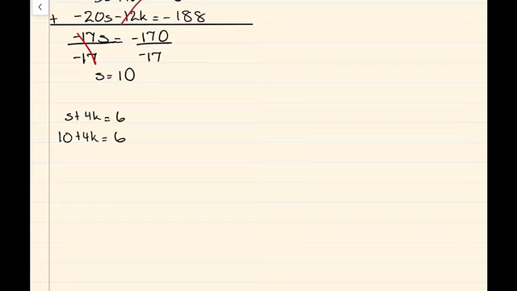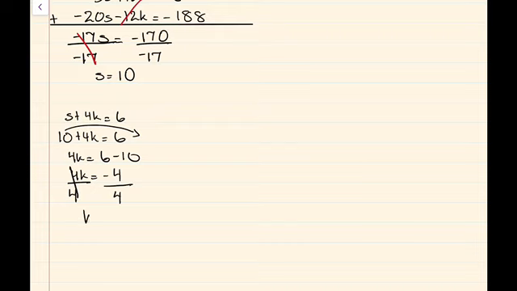Now we're going to take the 10 over. 4k is equal to 6 minus 10. 4k is equal to negative 4. And then divide on both sides. So k is equal to -1.